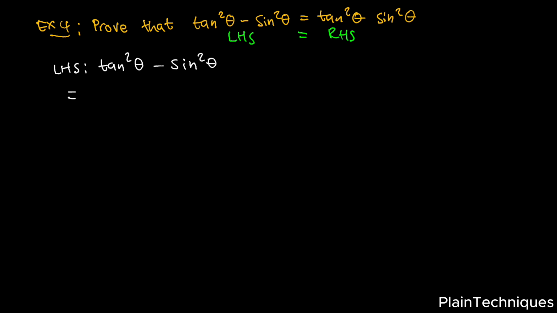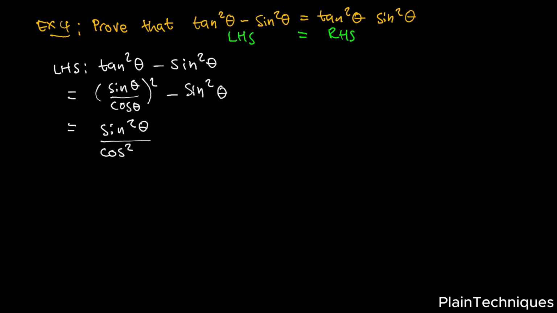So this is how you'll write it: sine theta over cos theta, all squared. Okay, so this will be sine squared theta over cos squared theta minus sine squared theta.